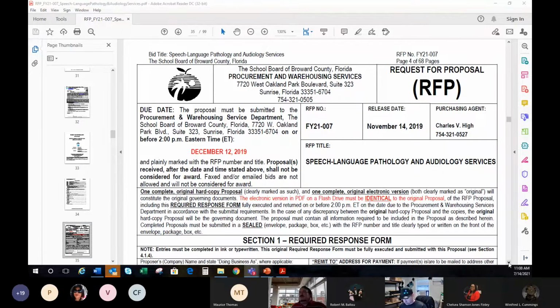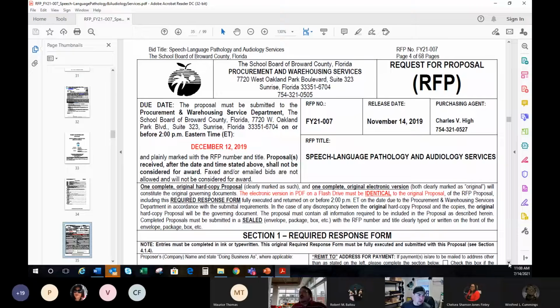So you need one complete original hard copy proposal. Hard copy, we mean paper copy, okay? Clearly marked as such, and one complete original electronic version.